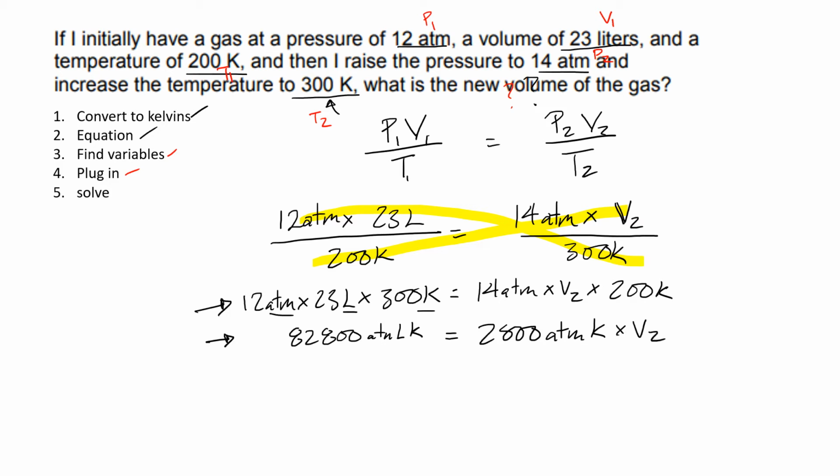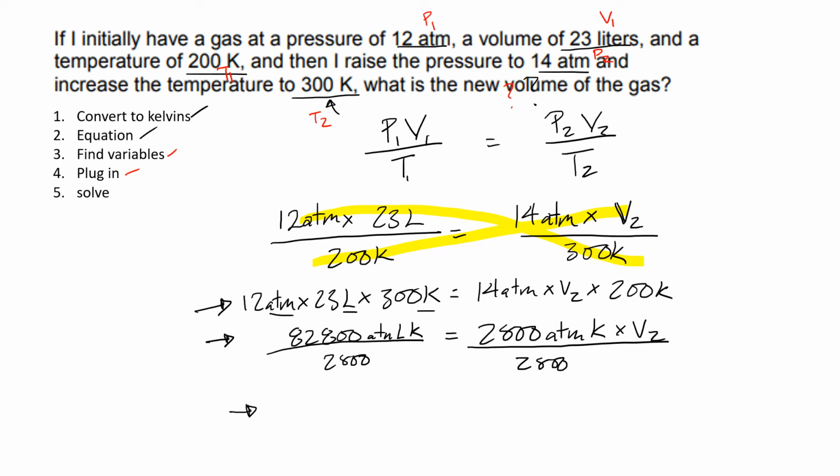So now we only have one number to deal with, a whole bunch of little symbols, but don't worry about that. Now we just divide by 2800. 82800 divided by 2800, and I got 29.6, which is the right answer.